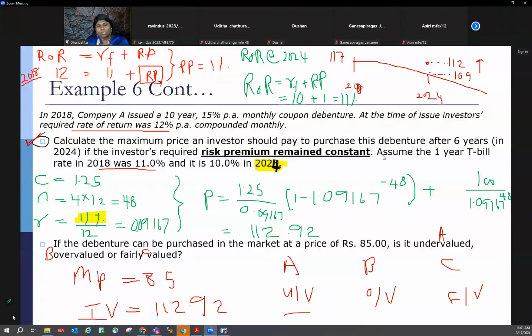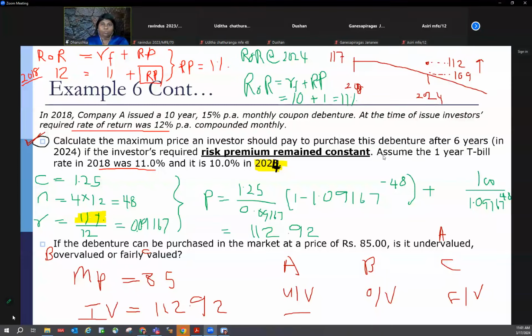So what does my intrinsic value tell me? It is the maximum price I'm willing to pay to justify the risk that I'm taking. Market price is based on demand and supply. So when in the market the bond is trading at 85 and you have an intrinsic value of 112, would you buy this bond from the market or not?